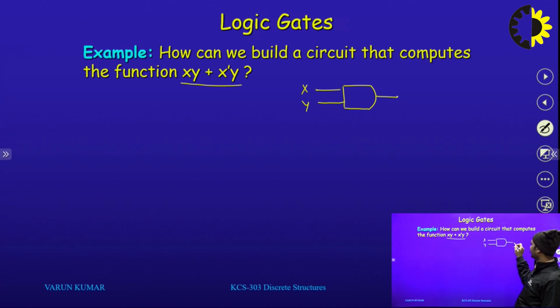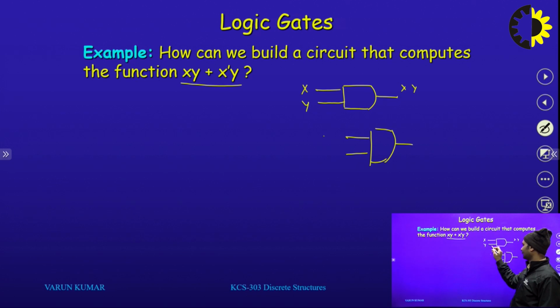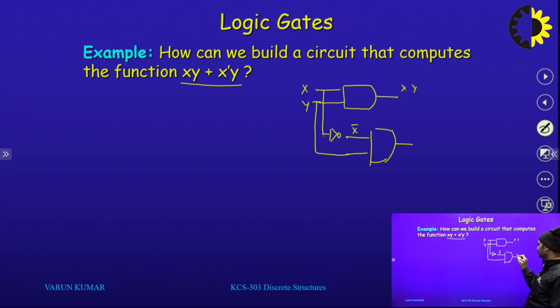So we get the output x dot y. The second term is x bar, so we use a NOT gate with input x, then we get x bar, and then the second input is y, connected through the AND gate, giving x bar dot y.